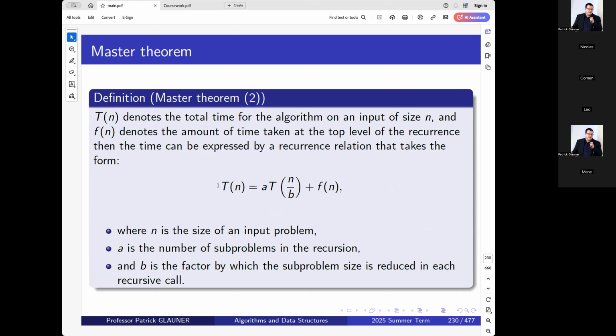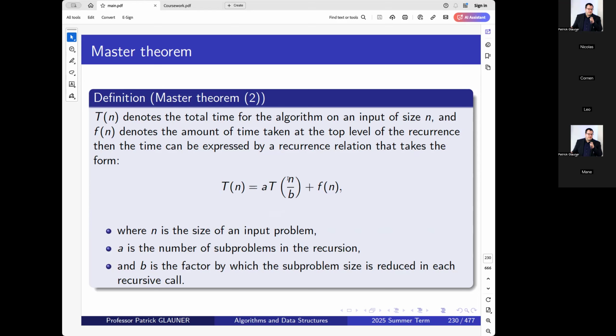So we have a T of n that must be of the following form. You must have T of n is some factor A, whatever that factor may look like, we will later see. But we've seen, for example, when we looked at the binary search, this was just 1. So A is 1, you could just leave it out.